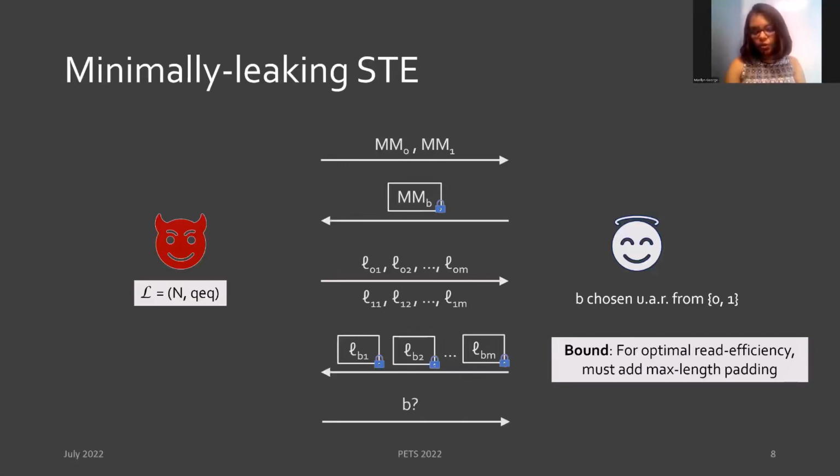Then what we show for our first bound is that if you want optimal read efficiency, where read efficiency is the number of values that must be read, and you are reading exactly the maximum number of values, then each of the tuples in the multimap will have to be padded. So there has to be pretty much the naive solution's amount of padding in order to have a scheme that is both optimally read efficient as well as minimally leaking.